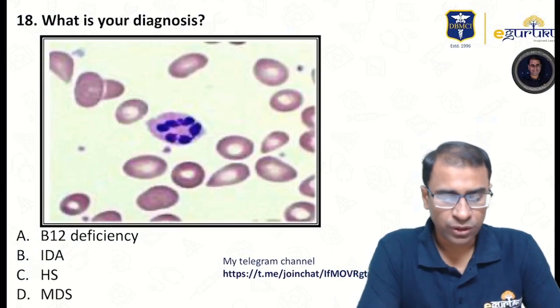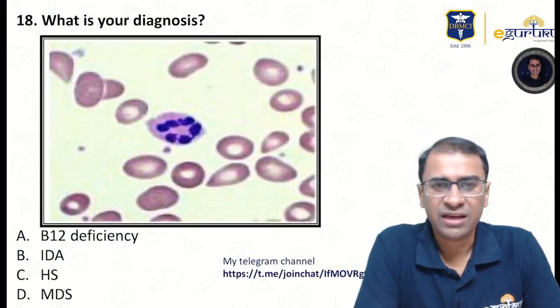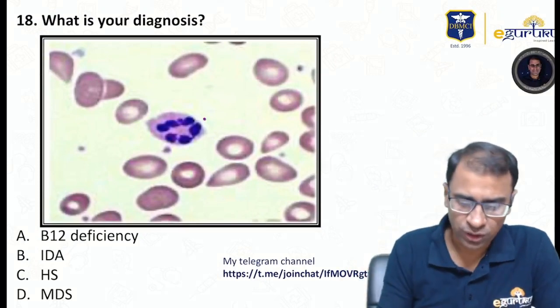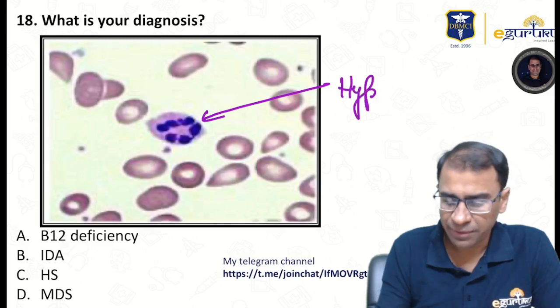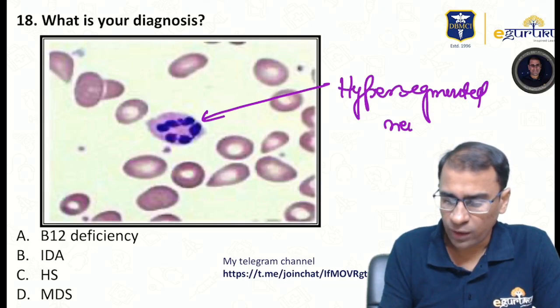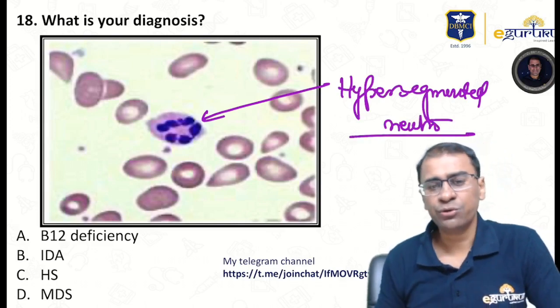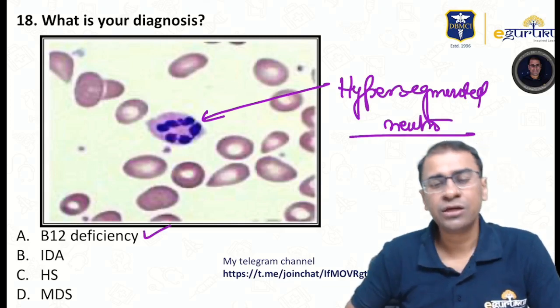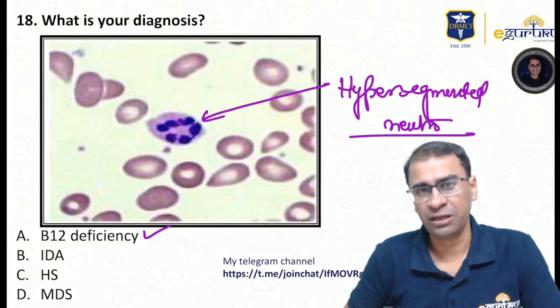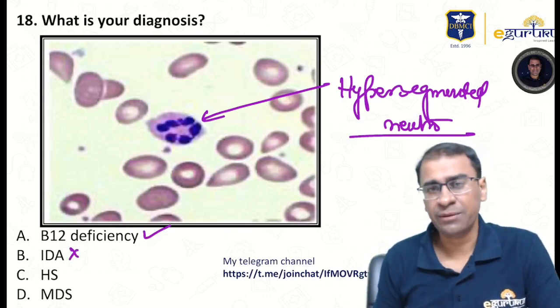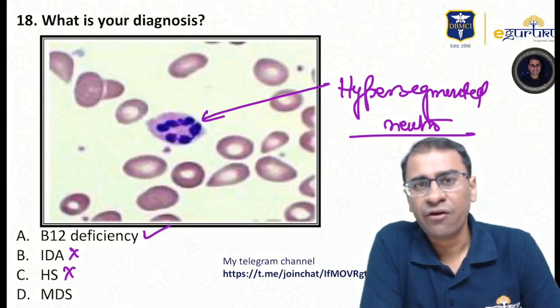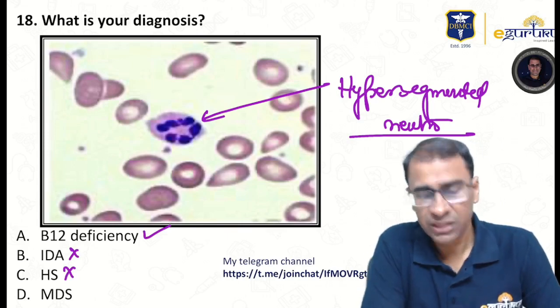Okay, this one. So what is the diagnosis here? This image simply shows you what? Yes, it's a case of hypersegmented neutrophil. Well guys, remember one thing, the hypersegmented neutrophil is seen in B12 deficiency, that is the megaloblastic anemia. Definitely not seen in iron deficiency anemia and definitely not seen in the hereditary spherocytosis.